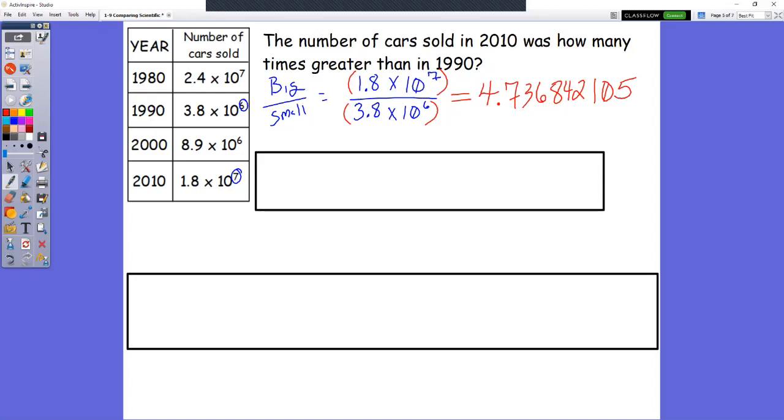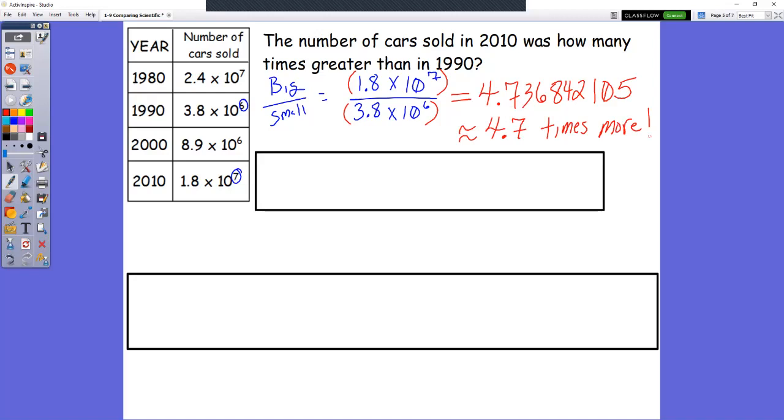And if we were to round this, we would say approximately 4.7 times more.